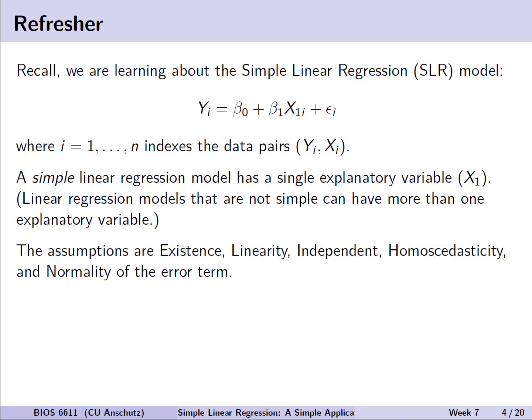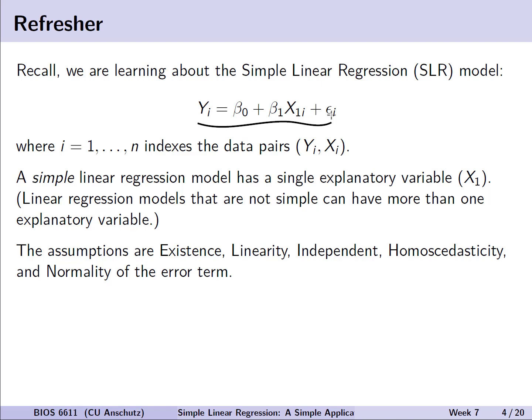Recall, we are talking about and have been learning about simple linear regression, whose model we see here as y sub i equals the intercept beta naught plus our slope term beta 1 times the predictor x1 for the ith individual plus some error term epsilon i, where the i subscript 1 through n indexes the data pairs y sub i and x sub i for each person or observation, outcome and predictor.